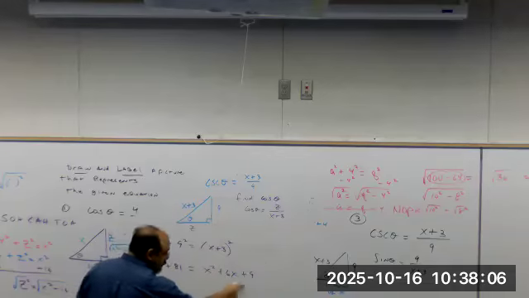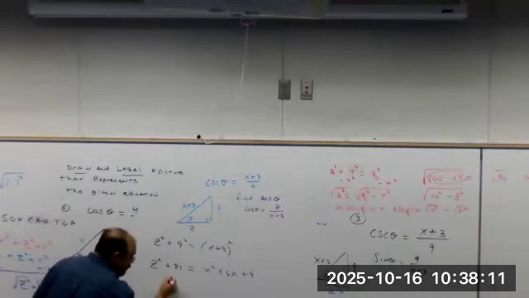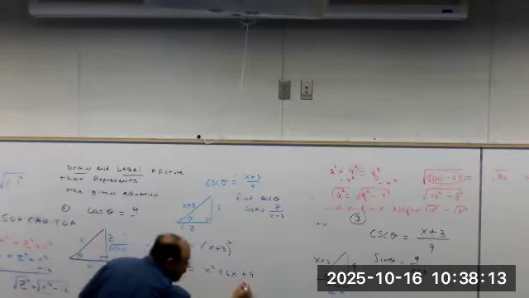x plus 3 times x plus 3. So now solve for z squared. We're going to subtract 81 from both sides. Subtract 81 from the constant.